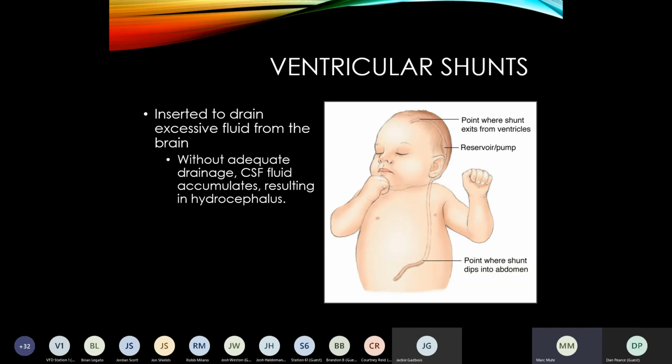These kids can present as CSF fluid accumulates, resulting in a worsening of their hydrocephalic state, they become altered, etc. These are emergent situations, and they need to be taken to an appropriate facility that can manage their ventricular shunt.